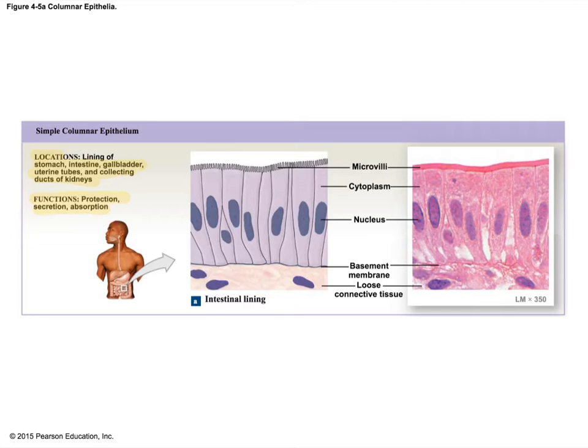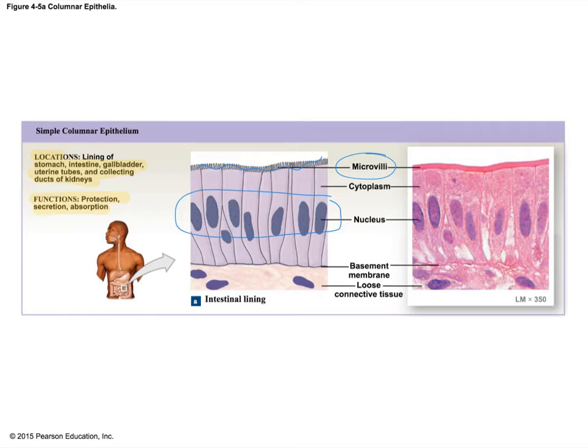When you look at the picture of the simple columnar, notice the nuclei are pretty much all in a row. You also have, depending on where it is in the body, like this must be an intestinal lining, this has microvilli on the top. These guys on there. If it's in other places, might have cilia on there.